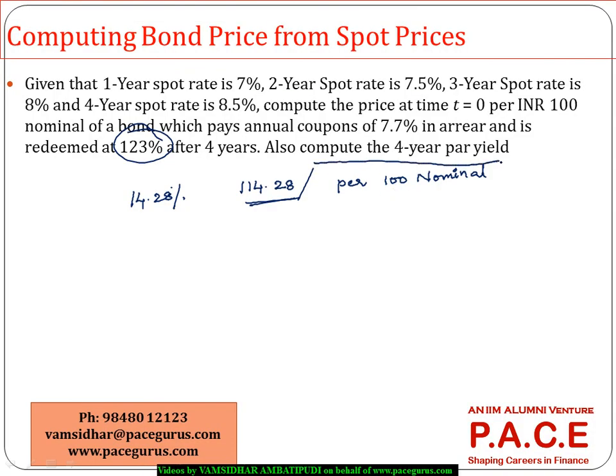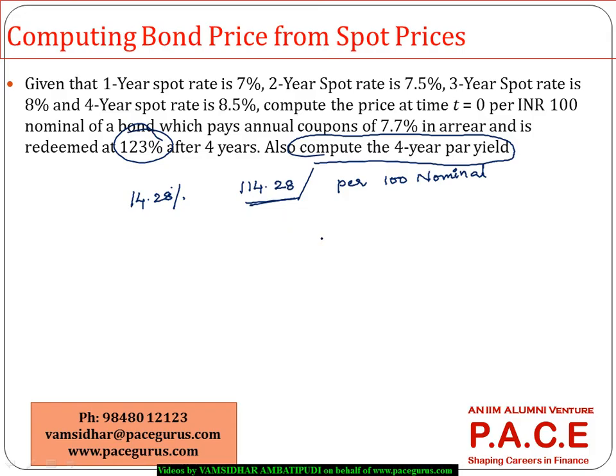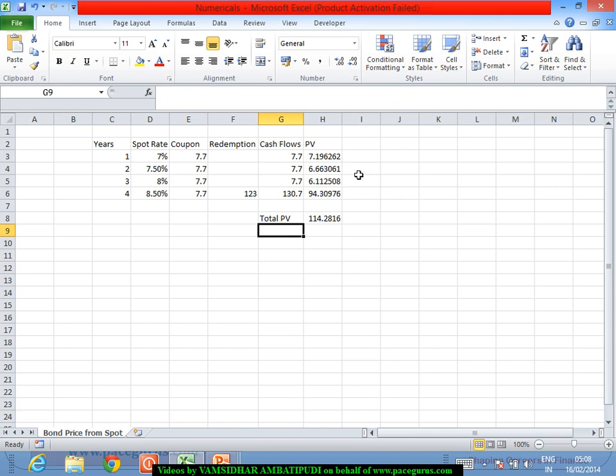And there is also a mention about a 4-year par yield. When I say 4-year par yield, it is nothing but this: assume that you are receiving the same cash flows, and you are receiving the par value on maturity, but you are not receiving the coupons of 7.7.